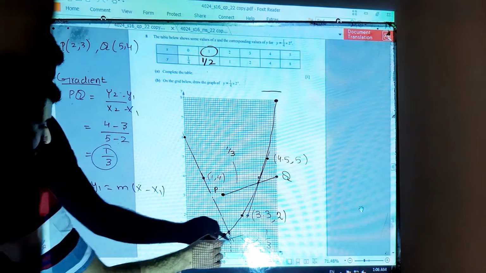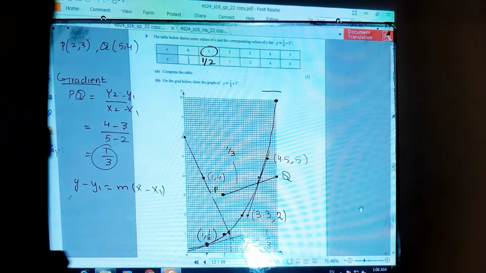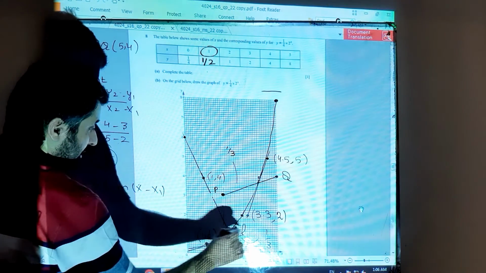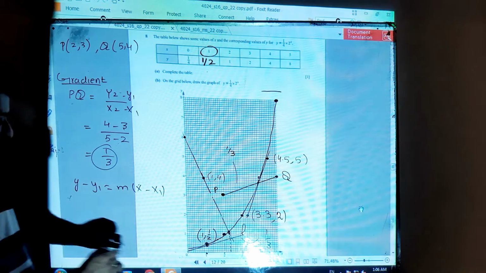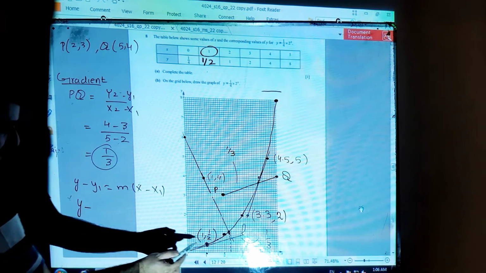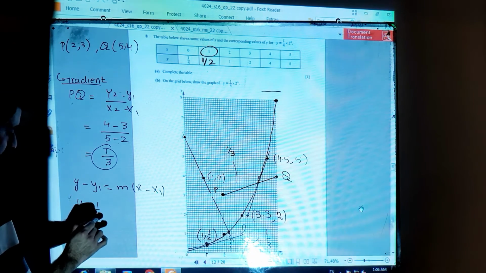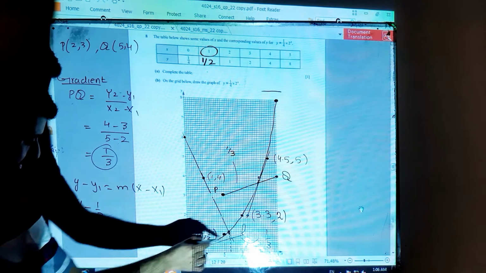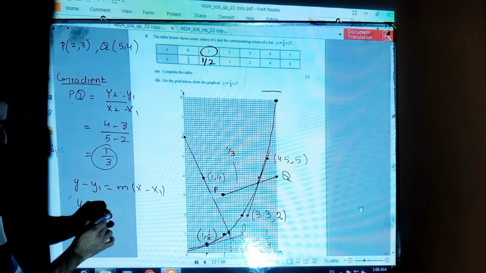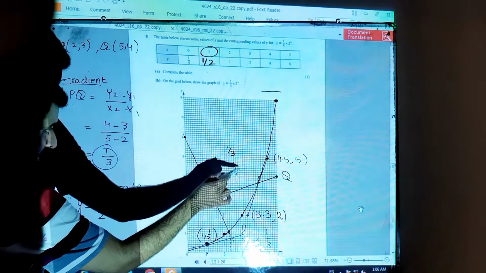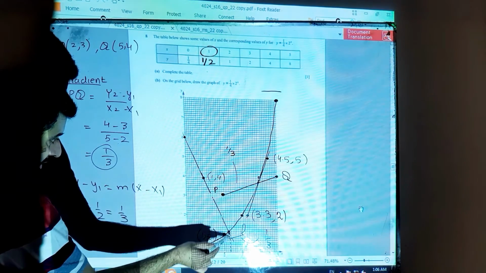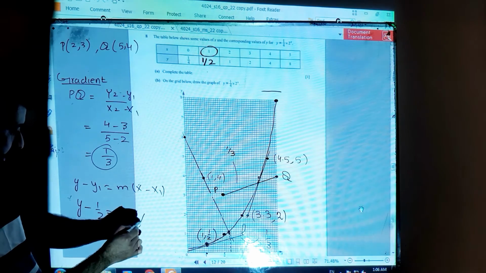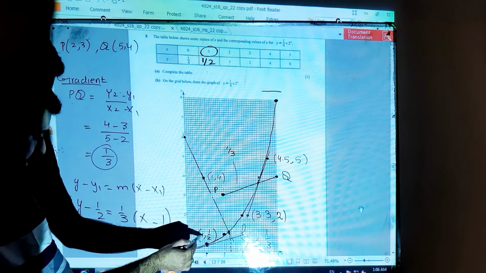You can obtain the equation of this line, which is the last part: obtain the equation of this line L. So y minus y1, where y1 is 1 by 2, the point where this line is tangent, is equal to m, which is 1 by 3, since the gradient of PQ is the same as L because both are parallel, times x minus x1, where x1 is 1.